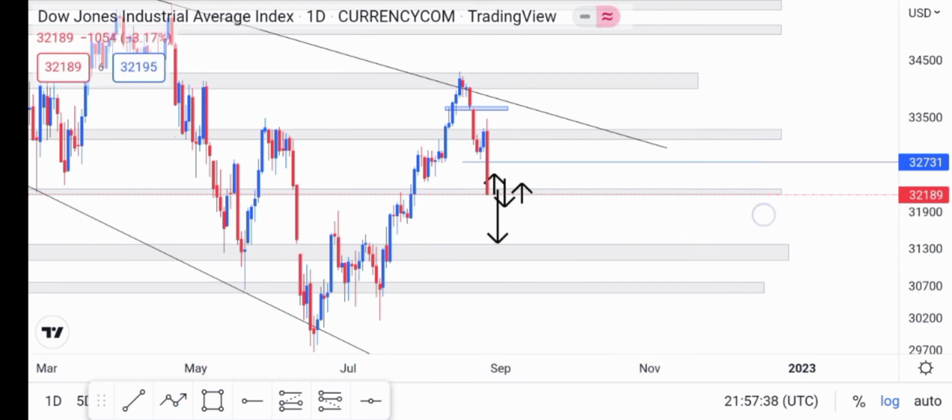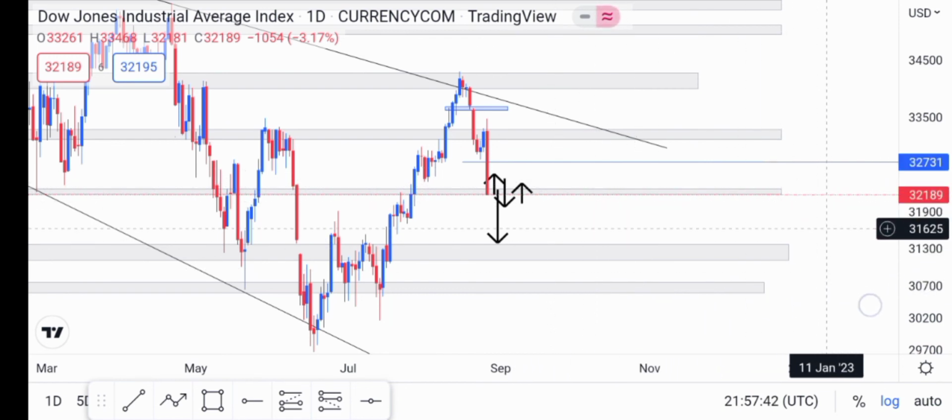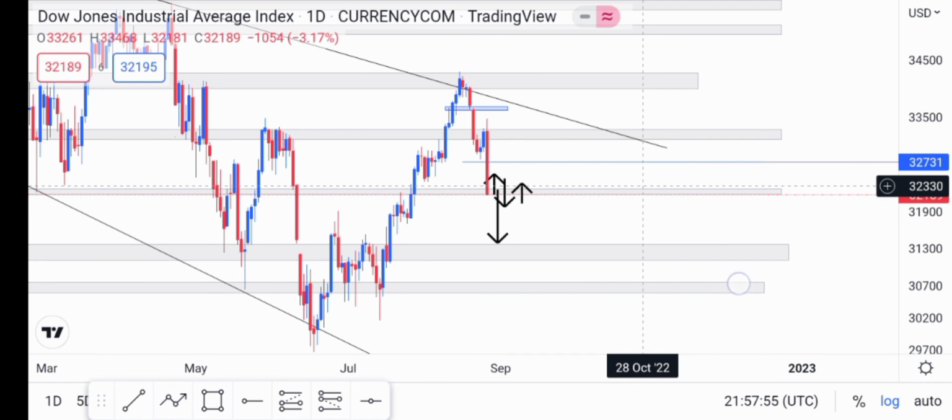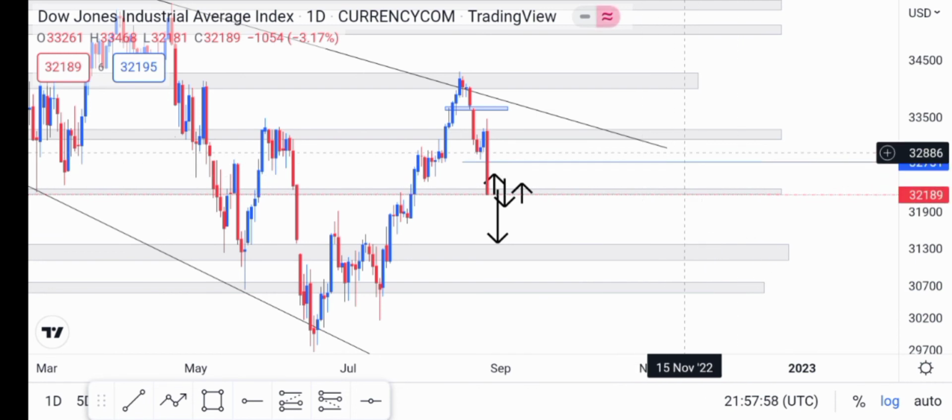So if you see a little bit of retest around this area here, guys, you can see this is our level. You can put the level on your chart, and if you see the market retesting this level over here, which is 322.23, you can enter for the sellers as well.